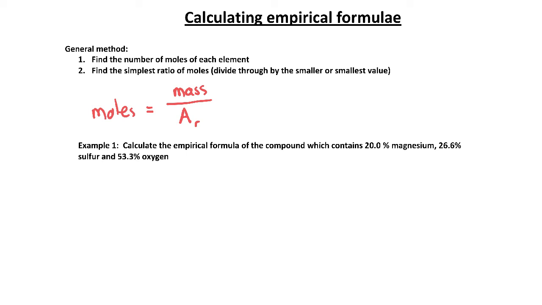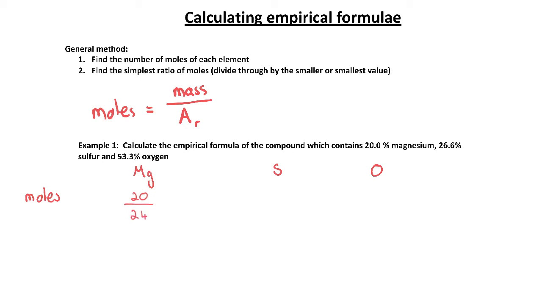So if we go back to our two steps, our first step is to find the number of moles of each element. So I'm going to find the number of moles of magnesium, the number of moles of sulfur, and the number of moles of oxygen. To calculate my moles of each element, I'm going to take that percentage and divide it by the mass of each element. So I have 20% magnesium, so that's going to be 20 divided by 24, which is the mass of my magnesium.